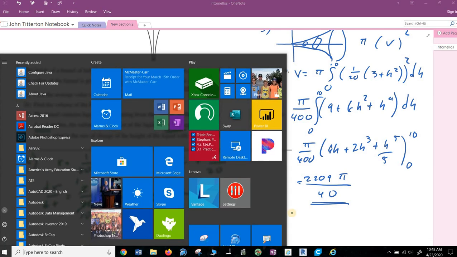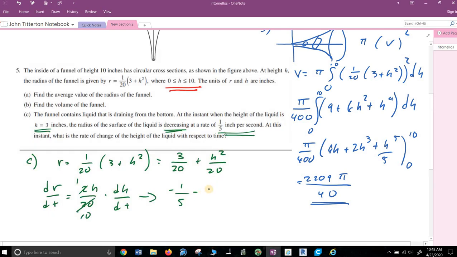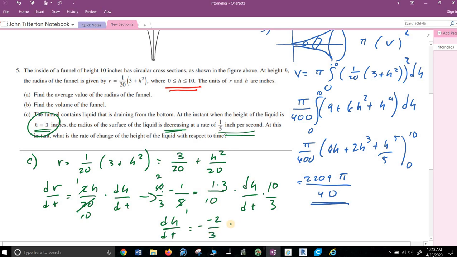You don't have to use the negative. You can do this lots of different ways. Equals 1 over 10, there's an h there, times 3 times dh dt, multiplied by 10 over 3, and you get dh dt negative 2/3 inches per second.